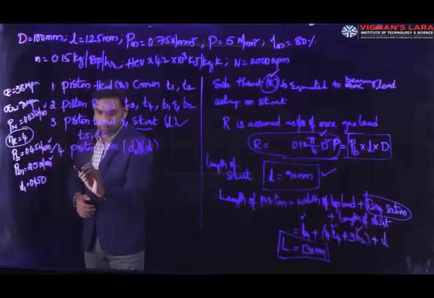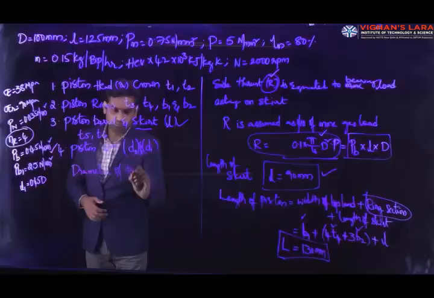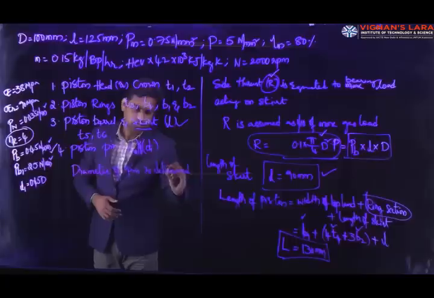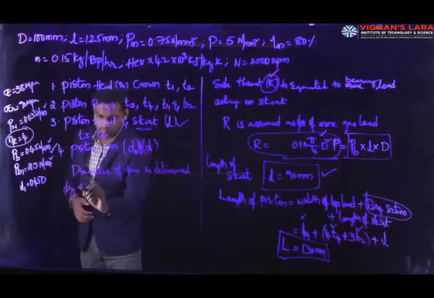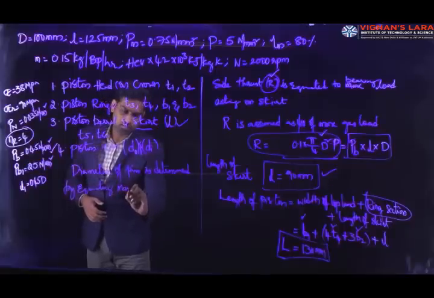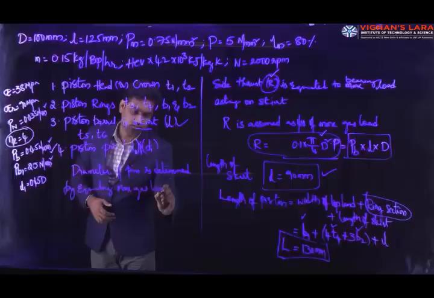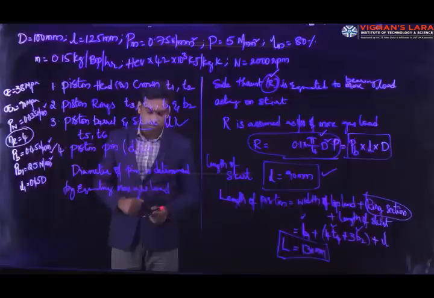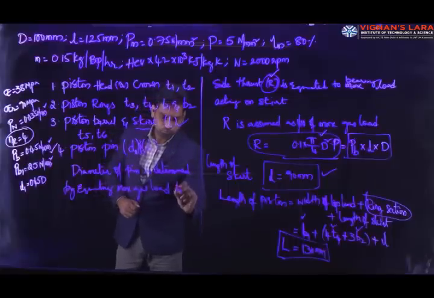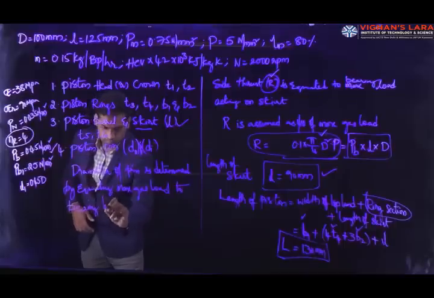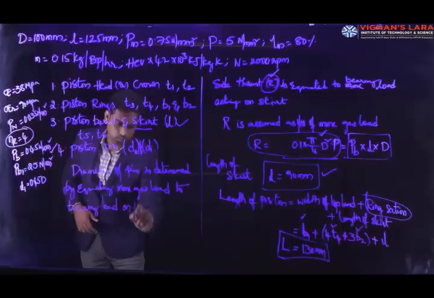So here the diameter of the pin is determined by equating the maximum gas load, the total load acting on the piston, which is also acting on the piston pin, to the bearing load on the piston pin.